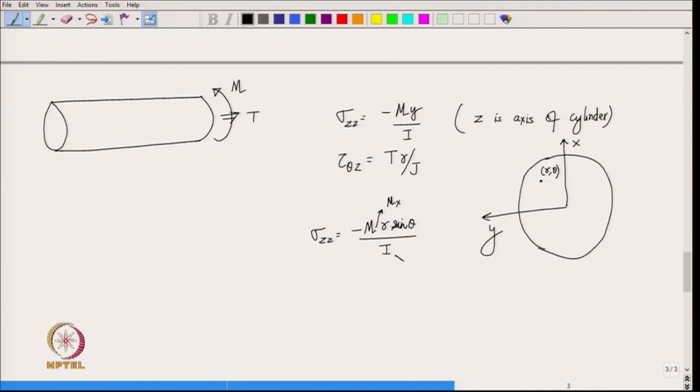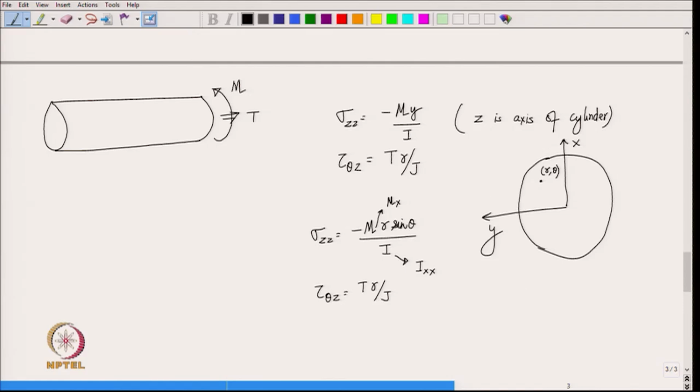And likewise this I here, that is the second moment of area about the x axis. So, that is I x x. Okay. And finally, tau theta z is T into little r divided by J.